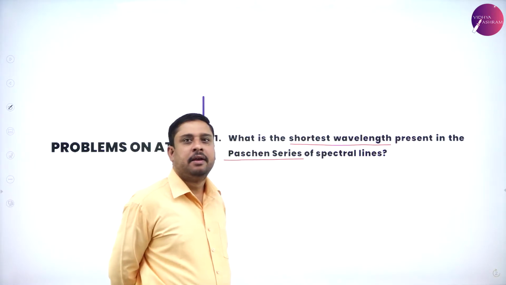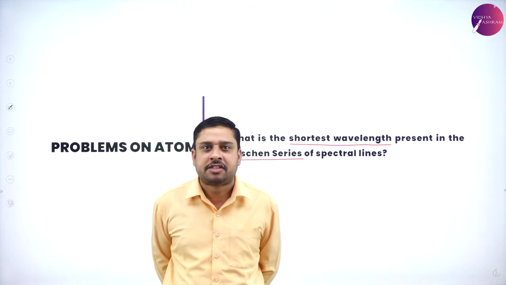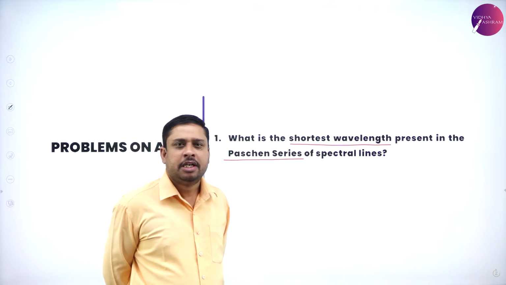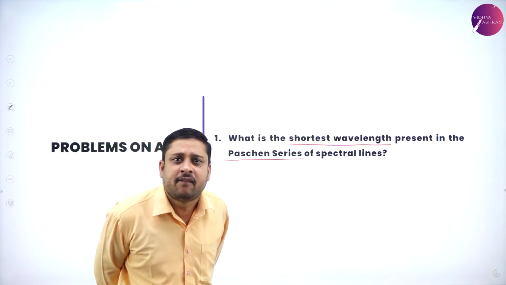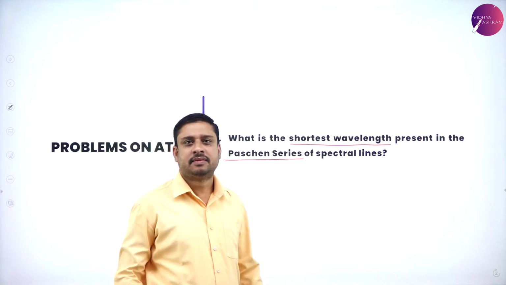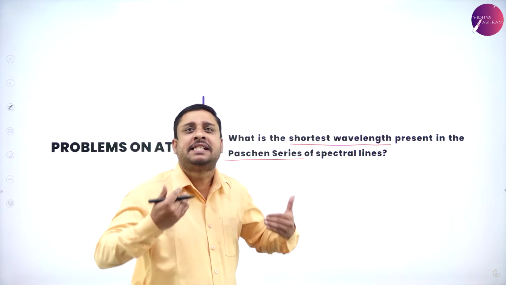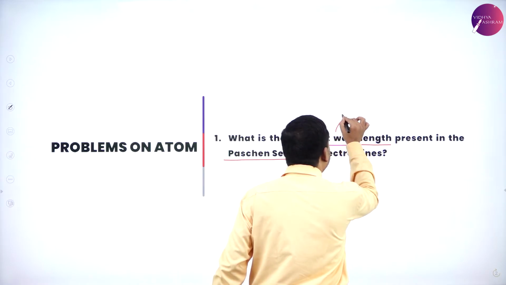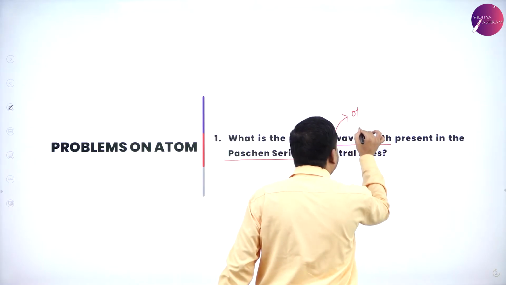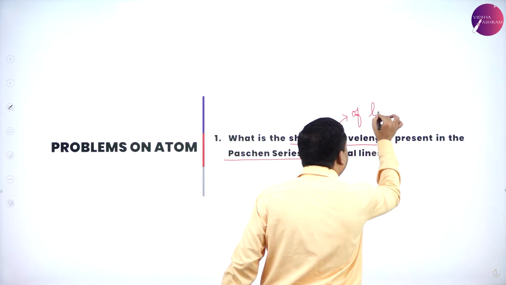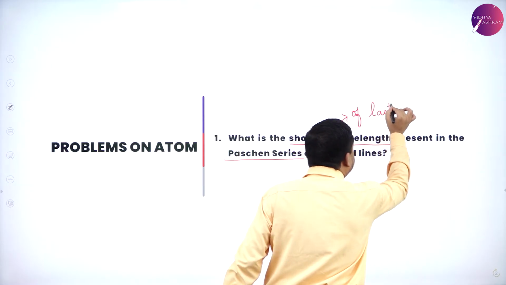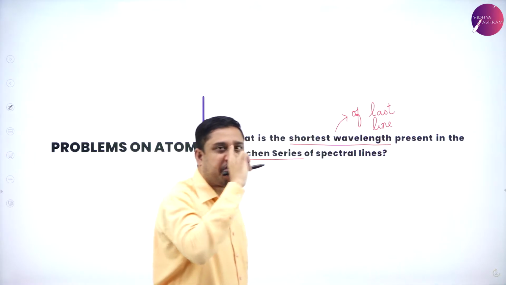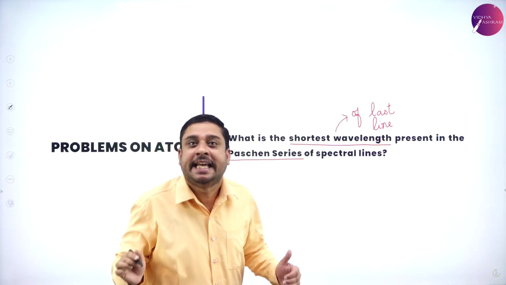Again, we have been asked to calculate the shortest wavelength. What is this shortest wavelength, students? It is the wavelength of the last line of the given series.